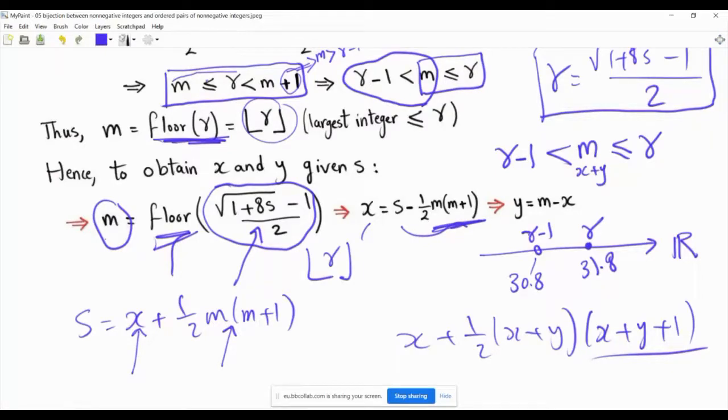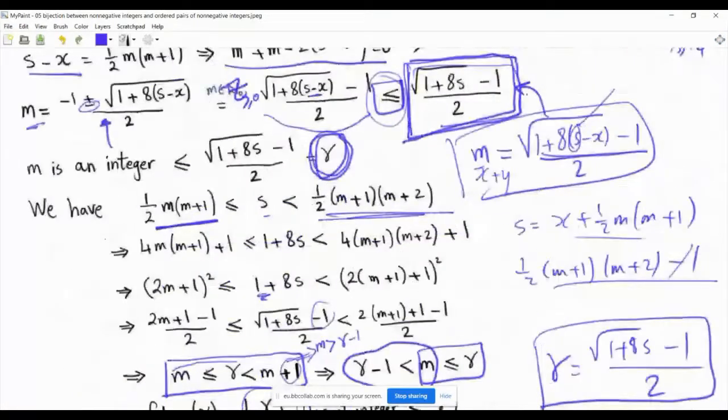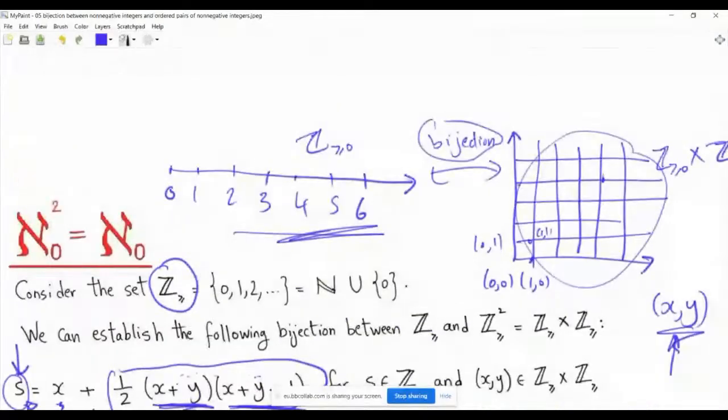It's a one-to-one correspondence between this one-dimensional grid and the two-dimensional grid of non-negative integers. So these two sets both have the same cardinality, which is aleph-null.